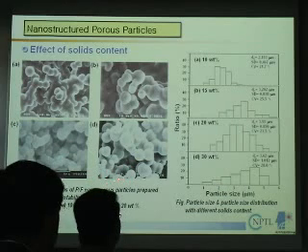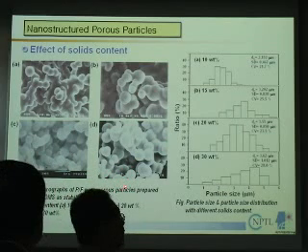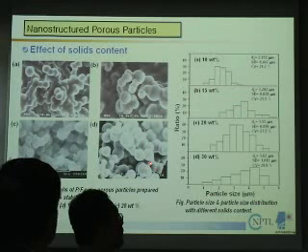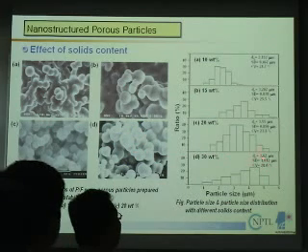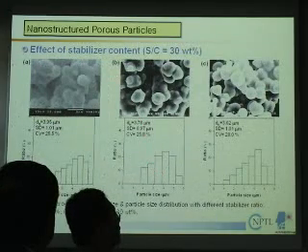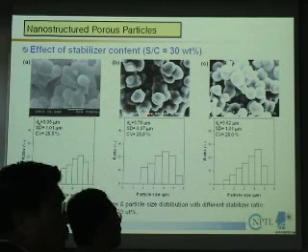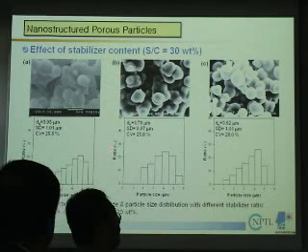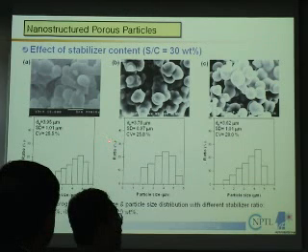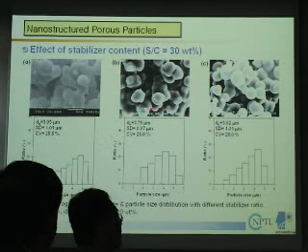Changing the amount of solid content doesn't have much effect on the final particle size of the system. Anyway, this one we made about 2 to 4 micron particle size. Next, we also applied some different types of stabilizers, and the stabilizer also doesn't do much to change the final particle size.